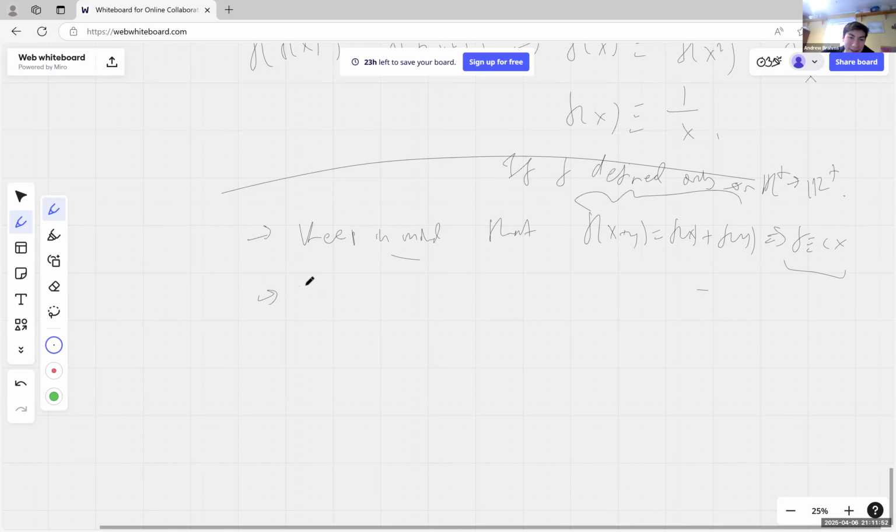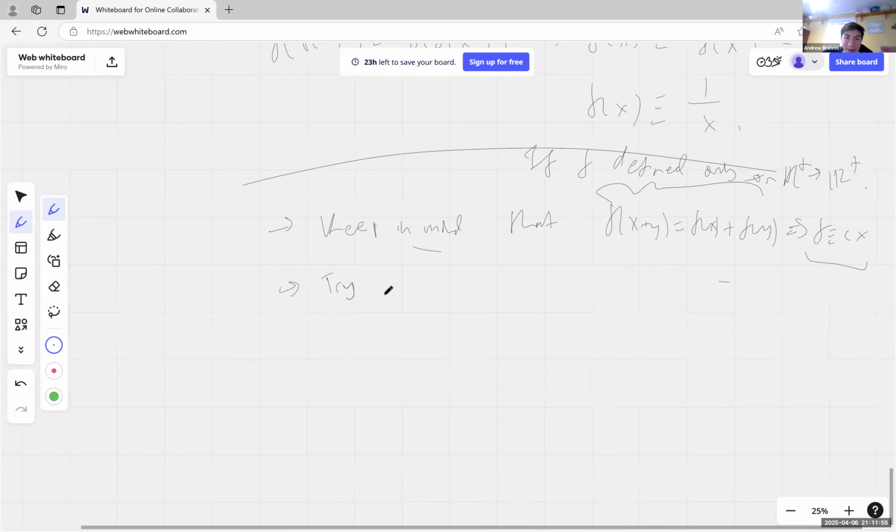And also try to look at situations of a, b such that f(a) equals f(b) to show injectivity. Those are the main things to keep in mind.